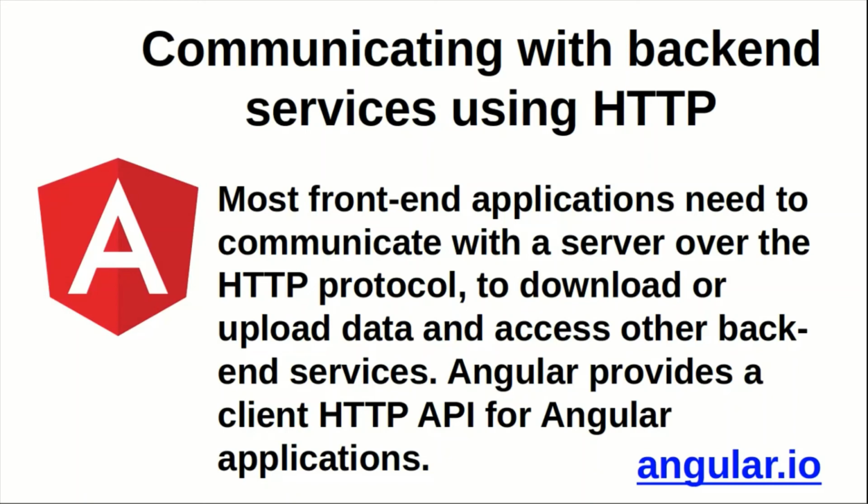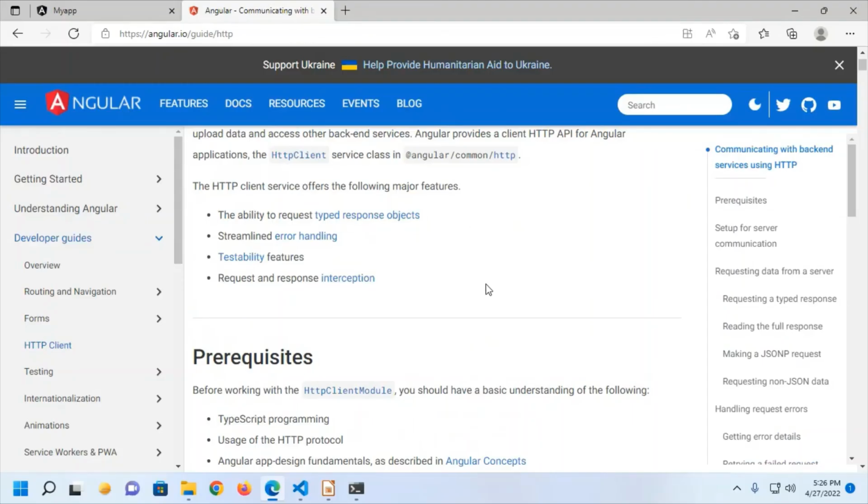Angular provides a client HTTP API for Angular applications. The HttpClient service offers the following major features: the ability to request typed response objects, streamlined error handling, testability features, and request and response interception.